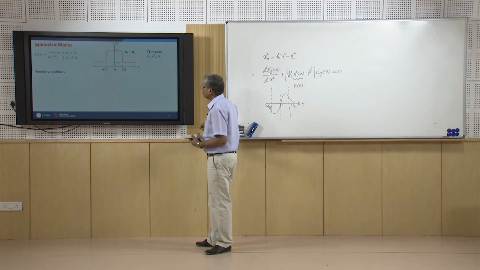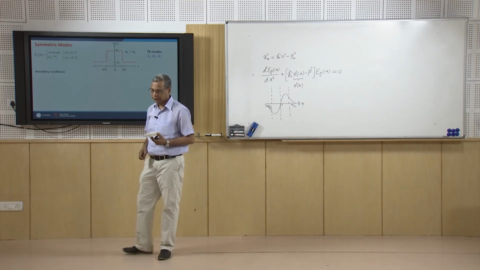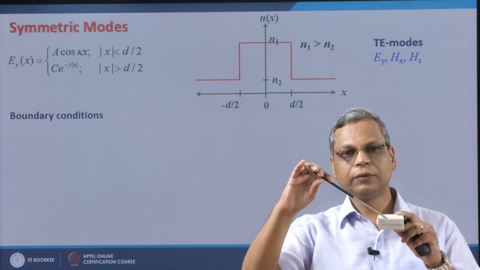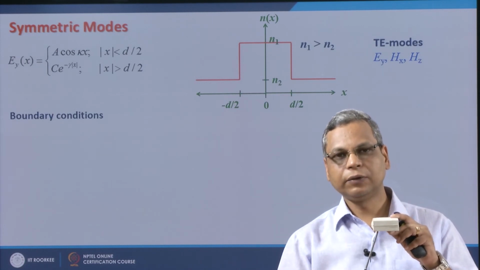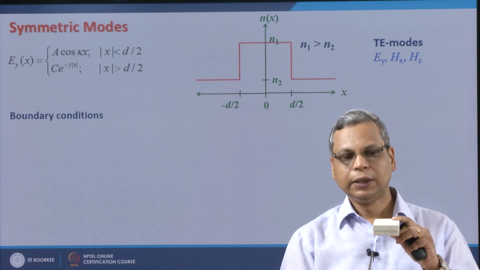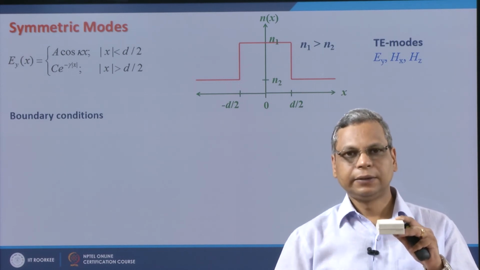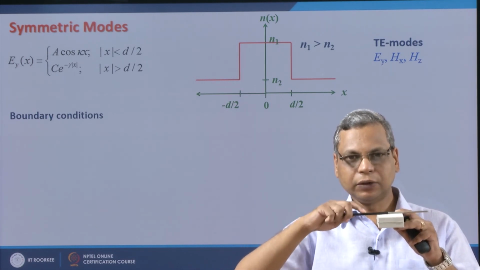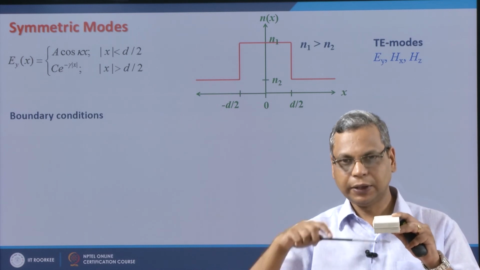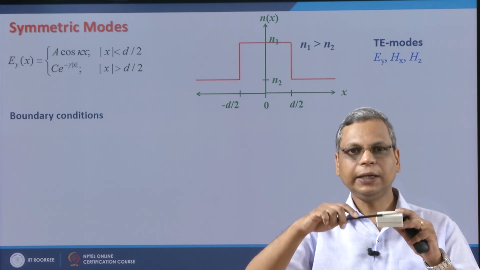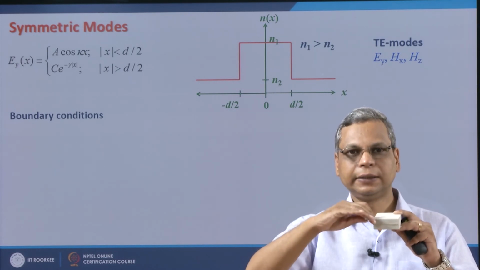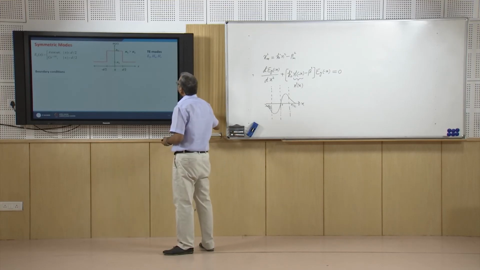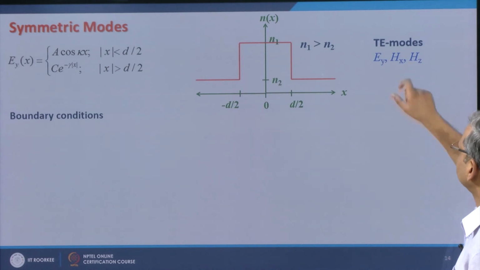What are the tangential components to the boundaries? This is the waveguide, this is x is equal to plus d by 2, this is x is equal to minus d by 2, this is y, this is z. So, to this interface, which is x is equal to plus d by 2 or x is equal to minus d by 2, the tangential components are y and z, x is the normal component, and here the non-vanishing components are Ey, Hx and Hz.